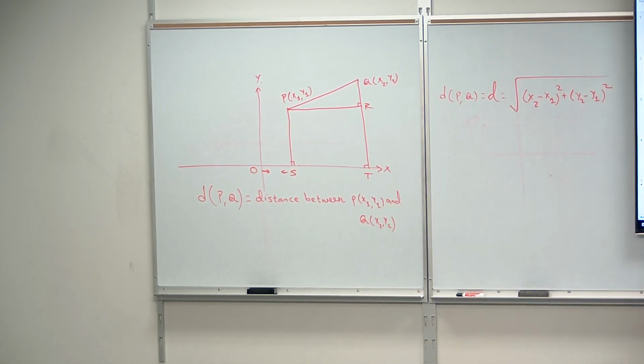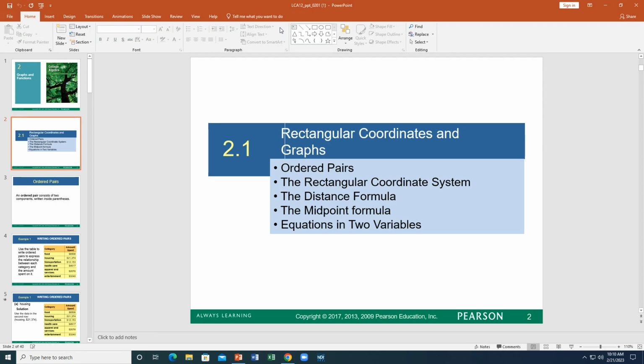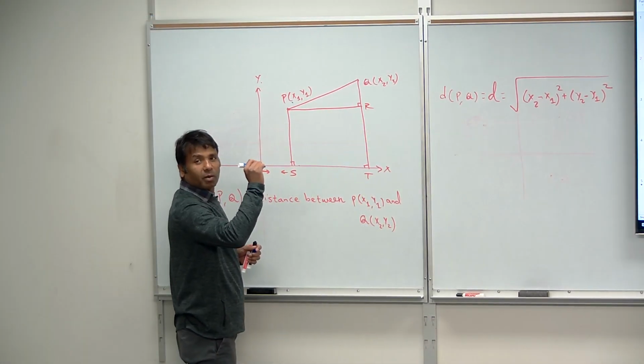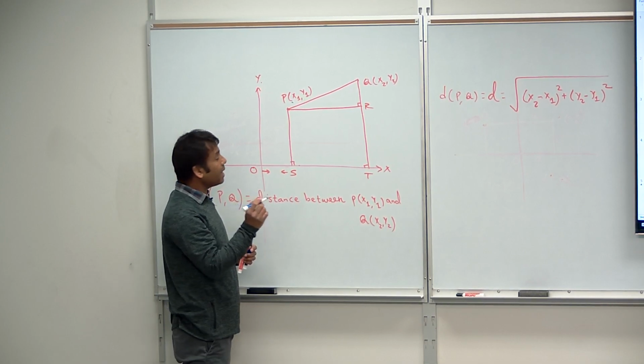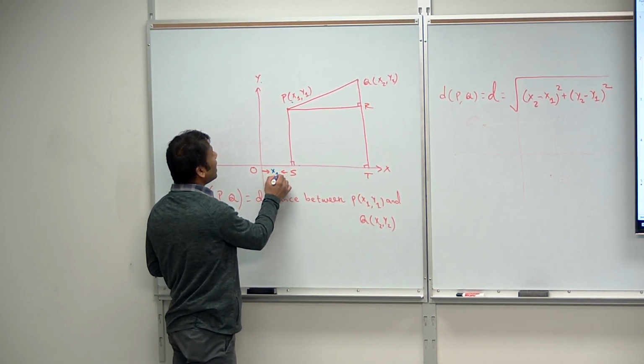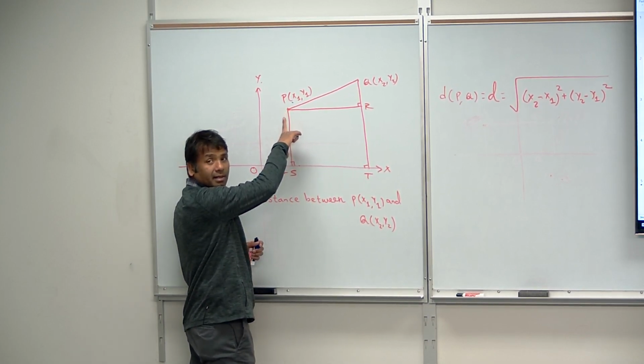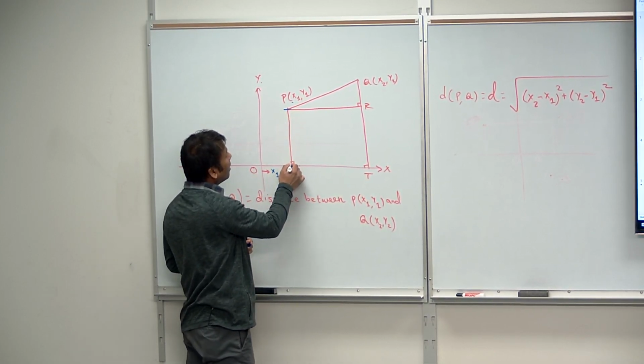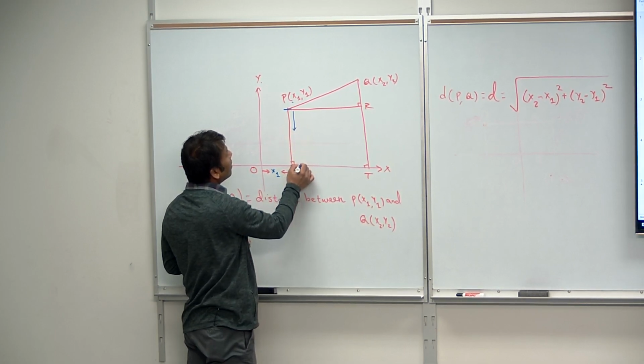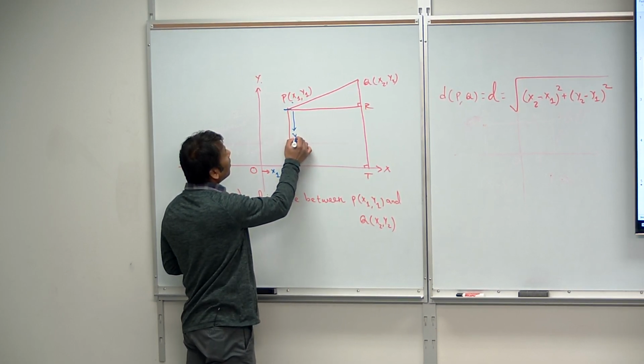Can you let me know what that distance is? What is the coordinate of this point? x1, y1, is that right? So this will be x1, and what is this? This is y1.